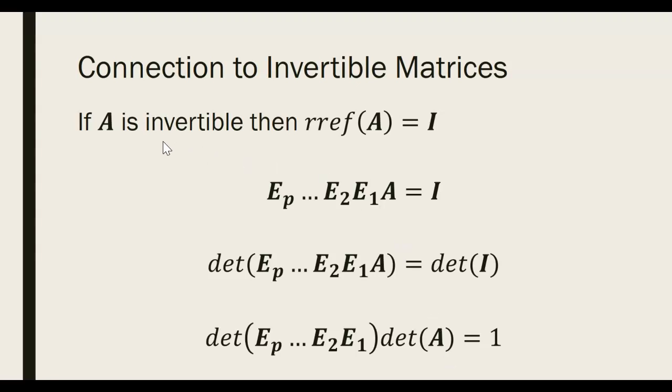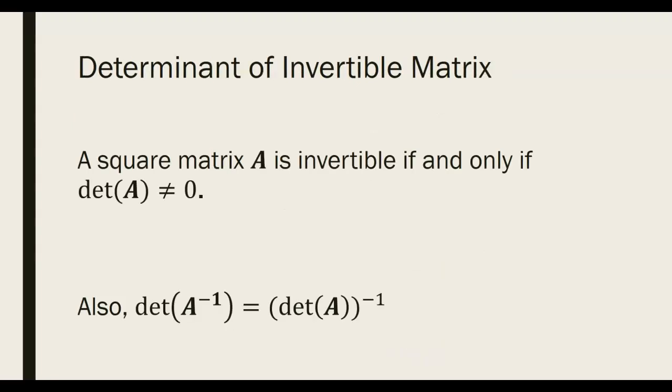And therefore, if A is invertible, the determinant of A is going to be a real number. And that real number is going to be non-zero. Okay? So this is what we get. We get that the determinant of the invertible matrix is not equal to 0.